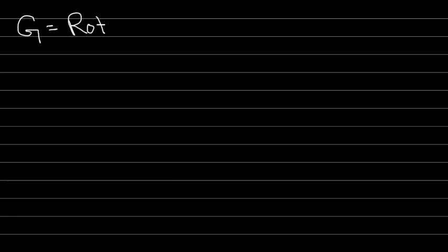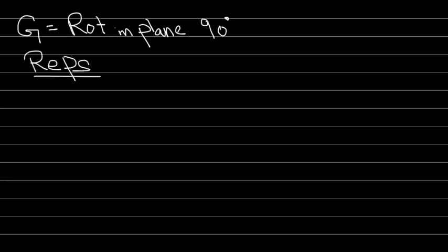So there are rotations in some plane by, say, 90 degrees, with the usual composition, that is of the addition of the angles, right? Now, this would have some representations, and these representations would be, let's start with representation R1. Let's see, what would that be?